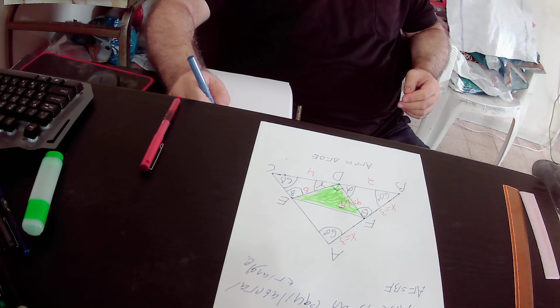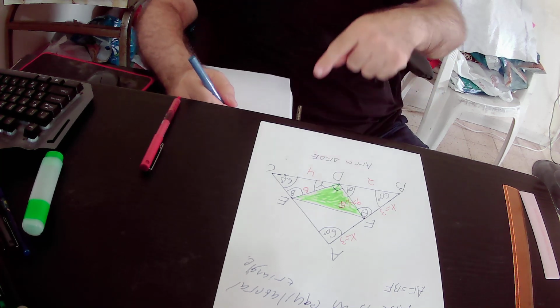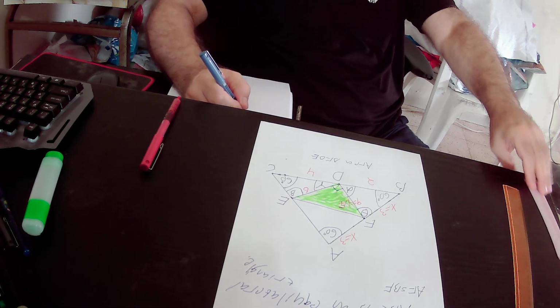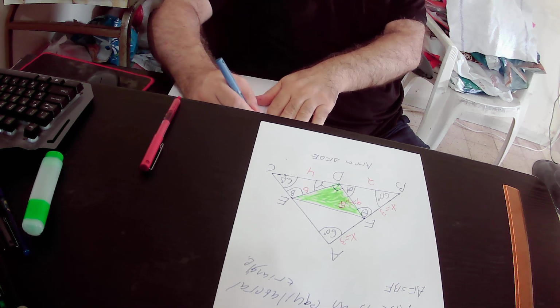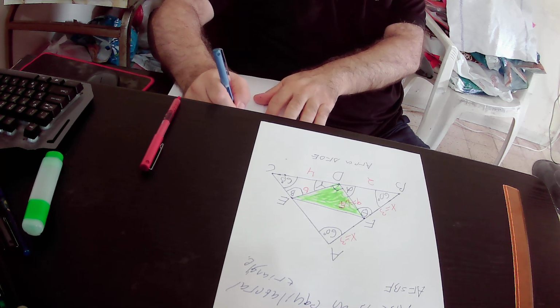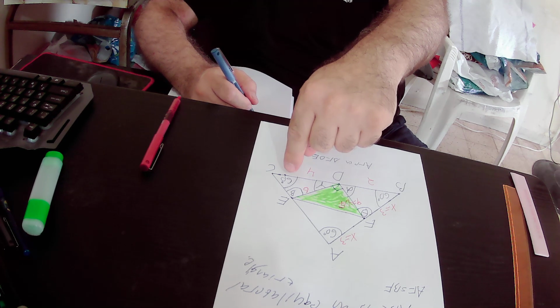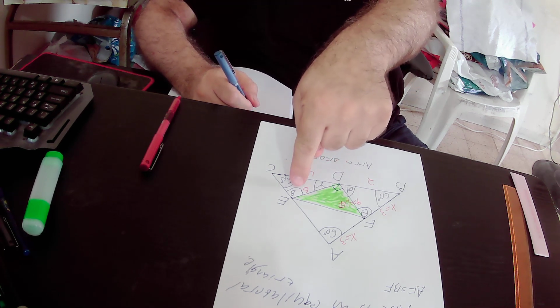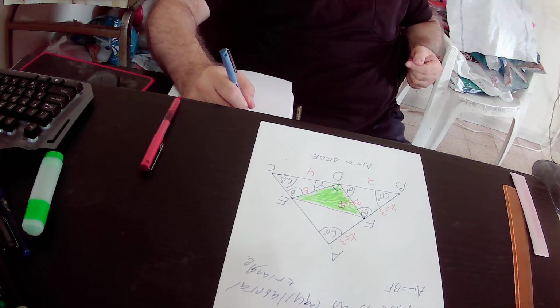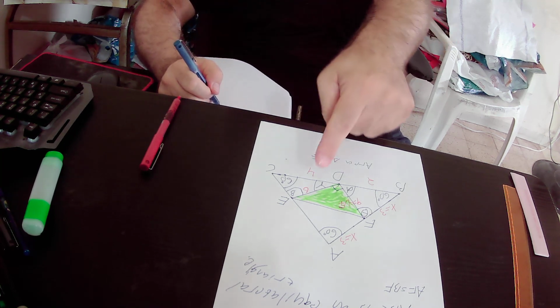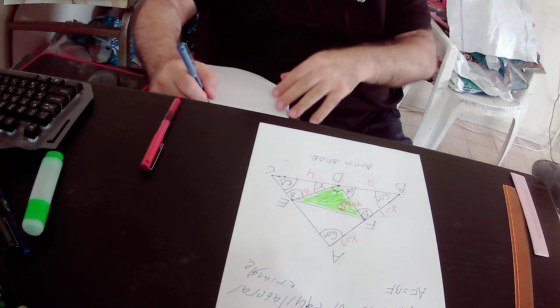On triangle DEC, according to the law of sines, DE over sinus 60 degrees equals to DC over sinus beta.